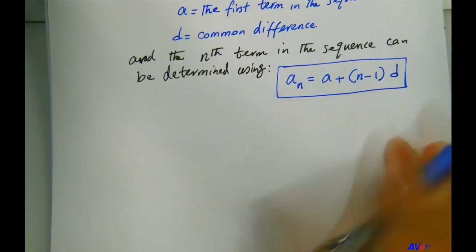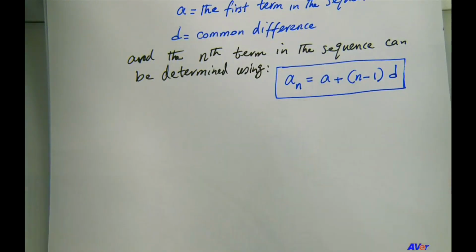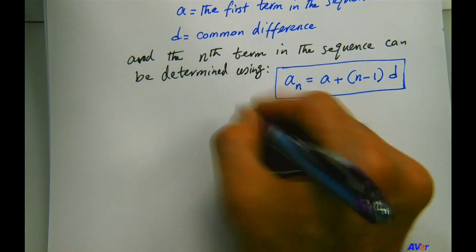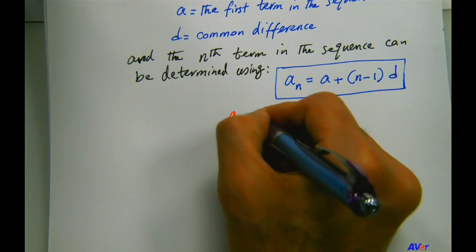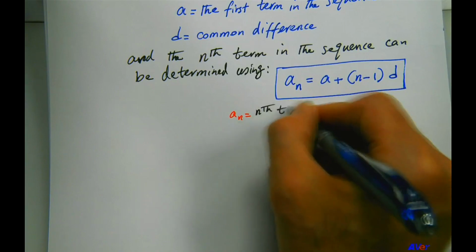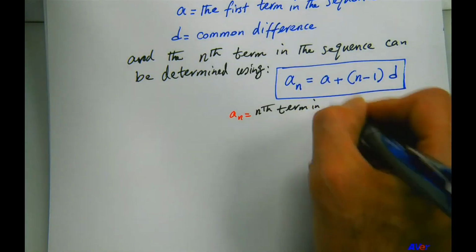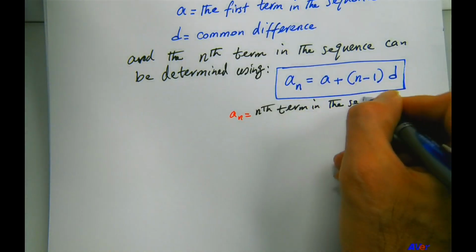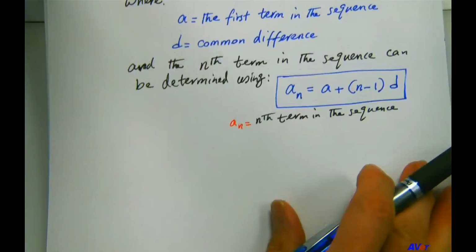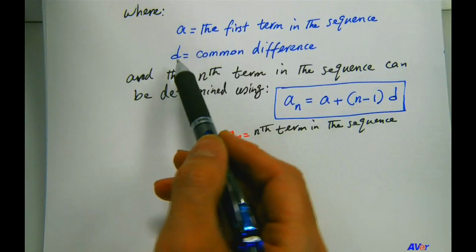So let's briefly define each of these. We have A sub n, that's the nth term in the sequence. And we've already defined A and D, right?